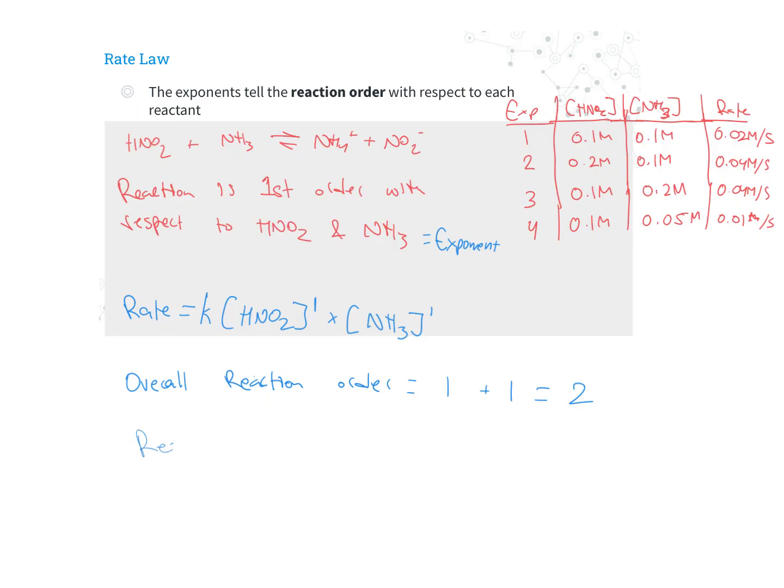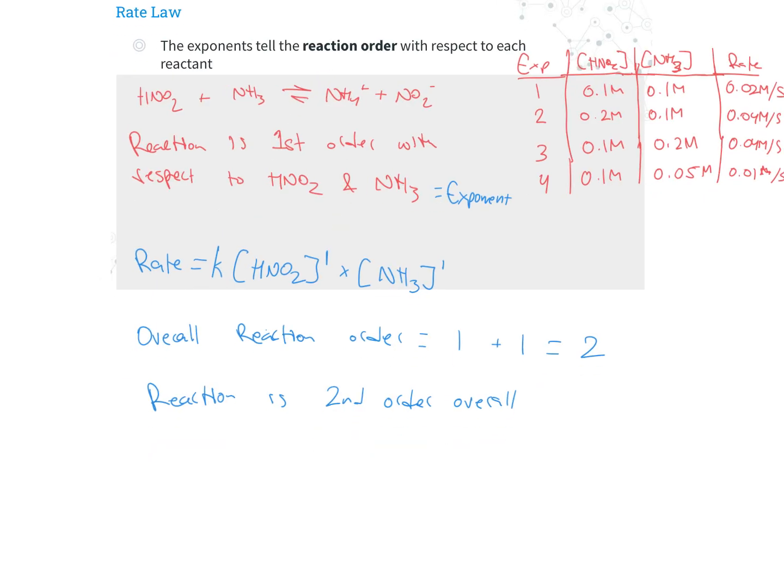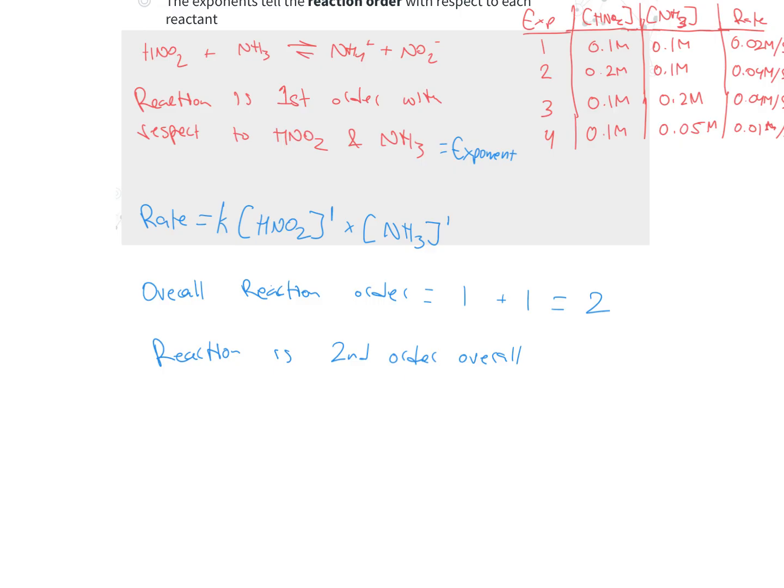So the reaction is second order overall. Now I'll explain these more in the next few slides. It's second order overall, but it is first order with respect to HNO2 or NH3. So each of them contributes 1 order to the whole reaction, but the entire reaction is 2 because they each contribute 1.